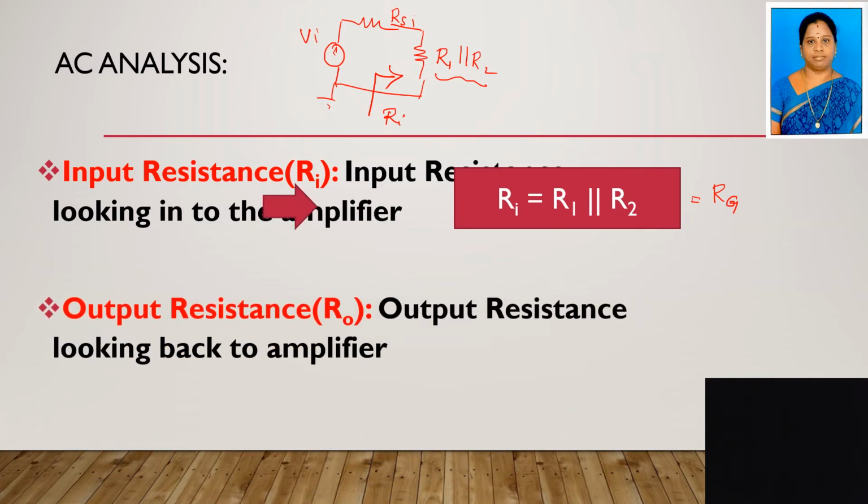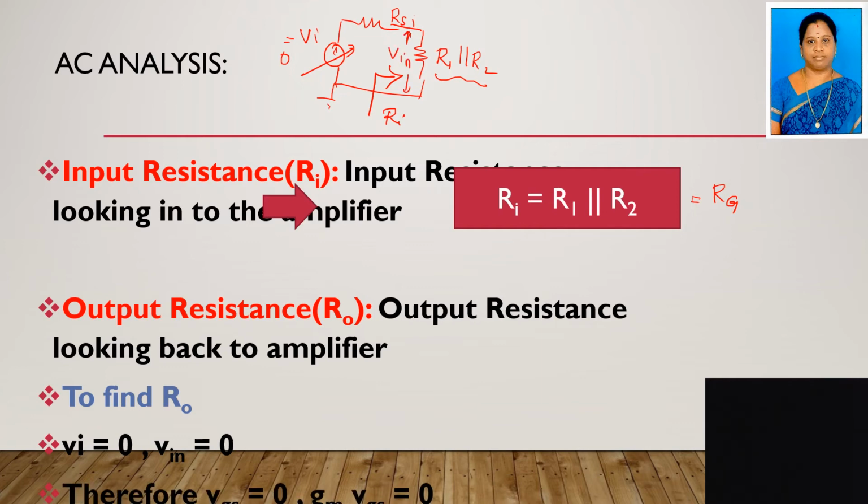The next parameter is the output resistance R0, where we are looking at the resistance back into the amplifier. To find R0, we have to make Vi equal to 0. If we make Vi 0, Vin is also 0. Vin is nothing but the voltage across R1 parallel to R2. So that is 0, which means VGS is also 0.